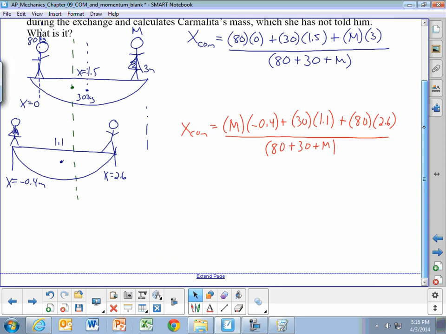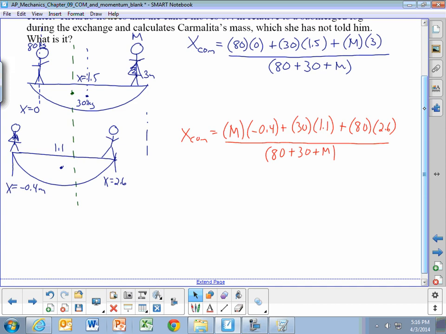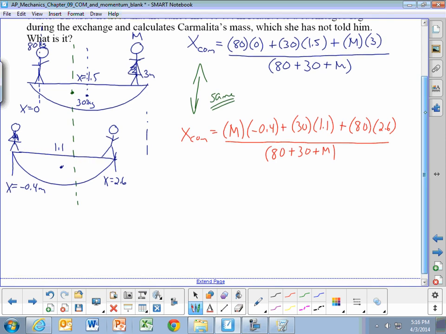The key to this problem was recognizing that these two must be equal. And so I can set those two equal to each other.